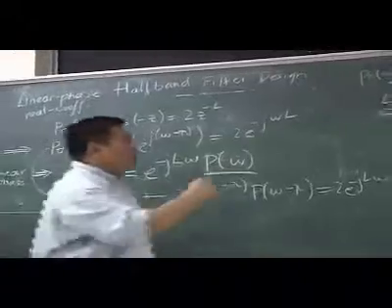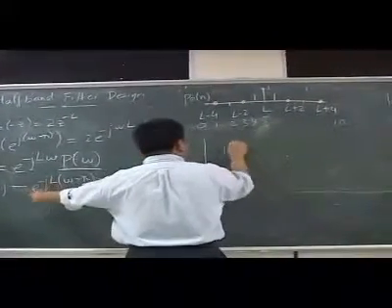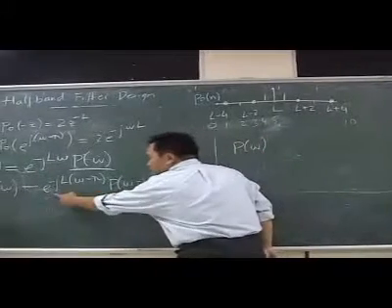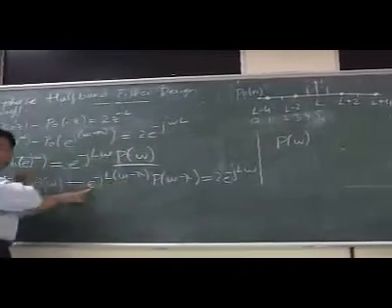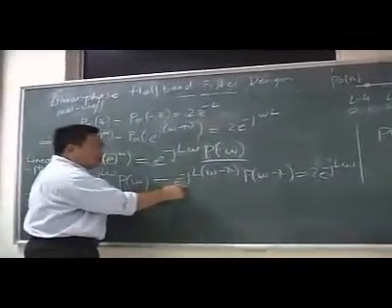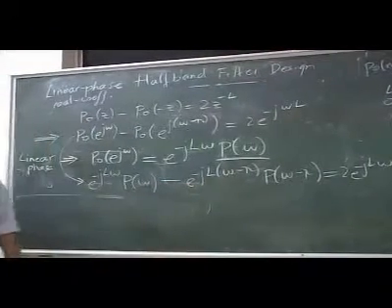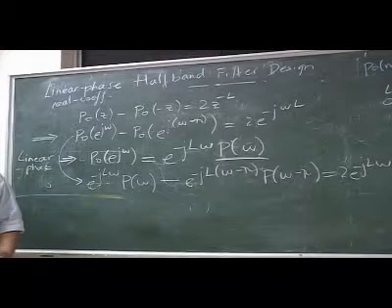What is left is P of omega. This is e to the minus j L omega, which is out. And I have e to the plus j L pi.